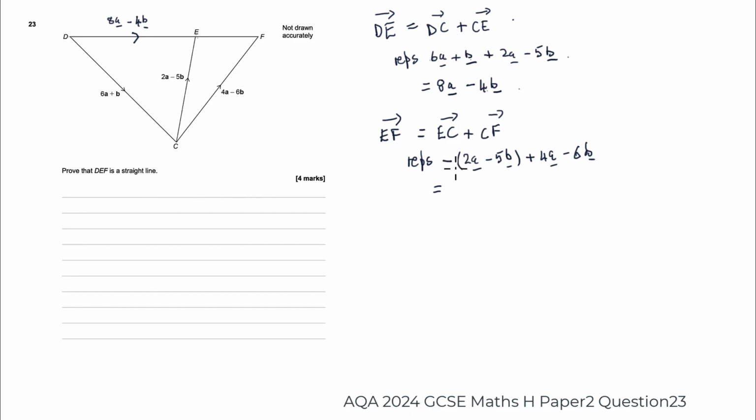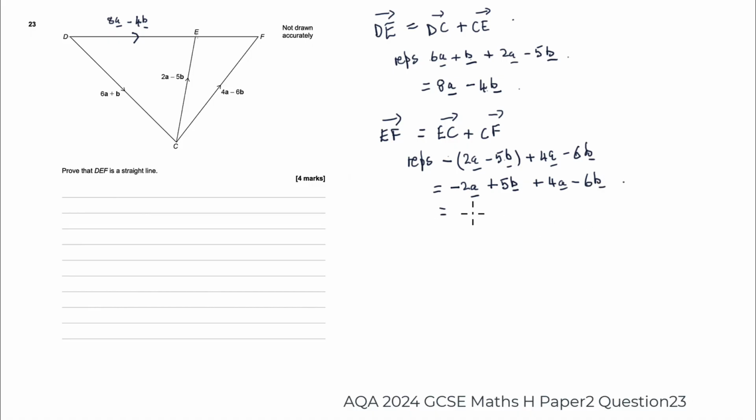So a little bit of simplifying here. It's like we've got a negative 1 outside the bracket, so negative 1 times 2a gives us negative 2a, and negative 1 times negative 5b will be positive 5b. So again, that negative 2a plus 5b is the opposite of this because we went against the arrow. And then we've got a 4a minus 6b.